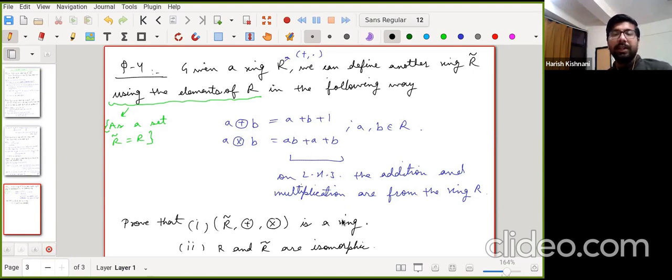And then we are claiming that these rings are going to be the same, up to isomorphism. You will be surprised to see what the additive and the multiplicative identity are for this new ring that we are defining. Is there any doubt on the definition?